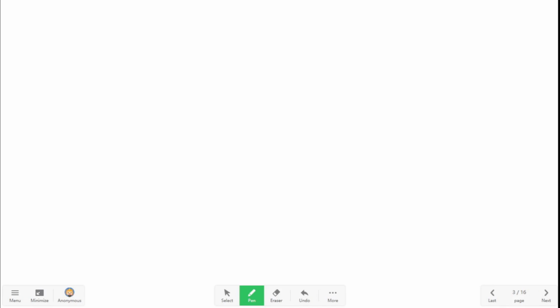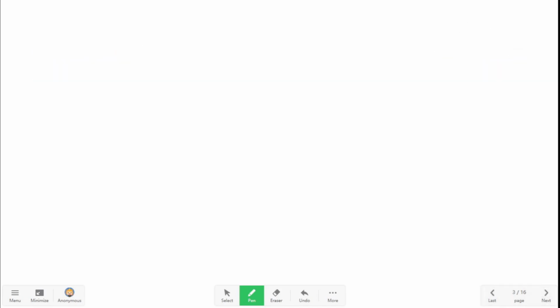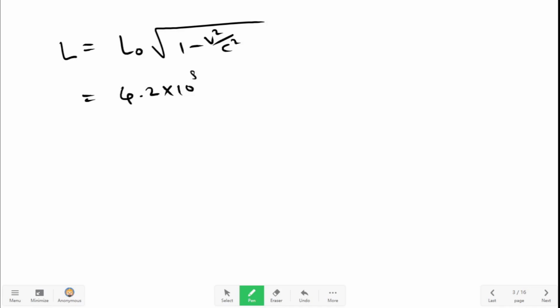Therefore the distance between A and B as observed by A will be equal to L0 times root of 1 minus V square upon C square. Here L0 is 4.2 into 10 raised to 8 meter, the distance as measured from Earth by an observer on Earth, times root of 1 minus V square upon c square, where V is 0.8 c.